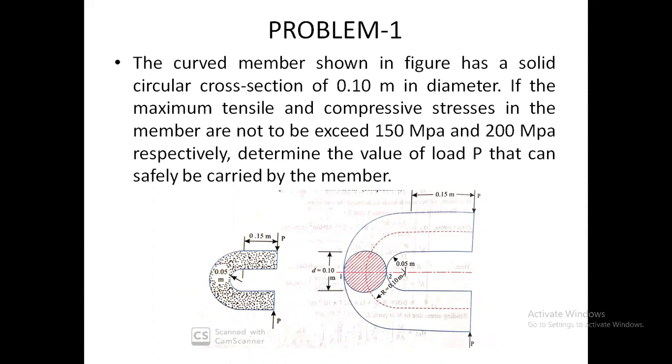What is the diameter of this circular cross section? 0.1 meter in diameter. That is 100 mm, right? So this diameter is 100 mm.